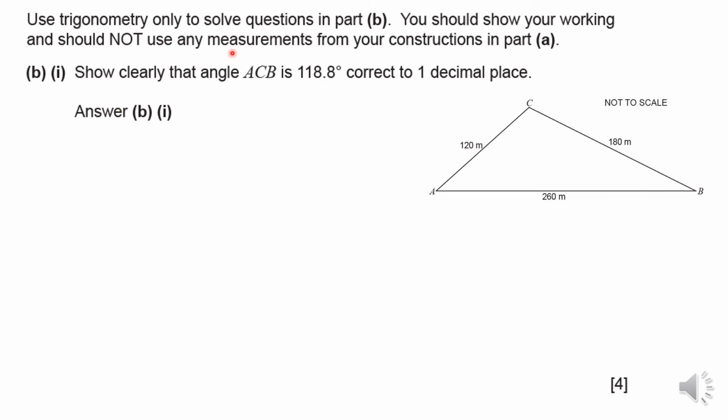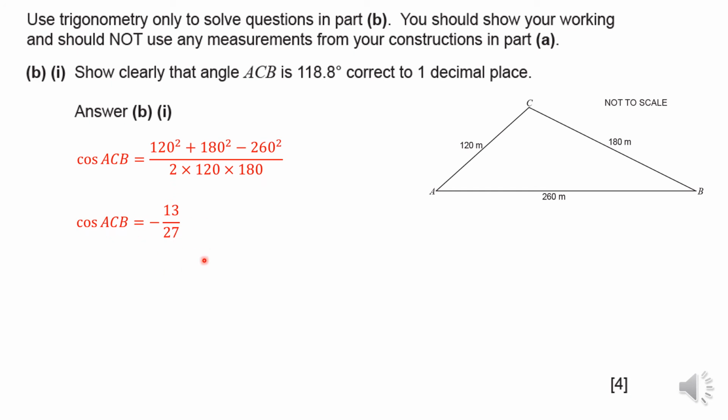Right, now we use trigonometry, not the stuff in part B. So I brought the triangle back, and we're supposed to show that this angle ACB is equal to 118. So that is the cosine of angle ACB. And I hope you still remember your laws of cosine and your laws of sine, because they come in handy here. So what you have is 120 squared plus 180 squared minus 260 squared all over 2 times 120 times 180.